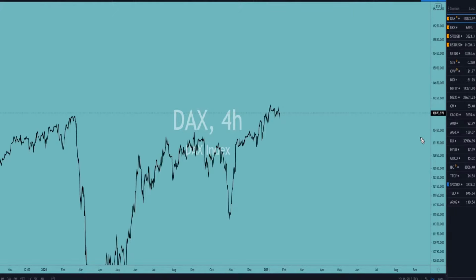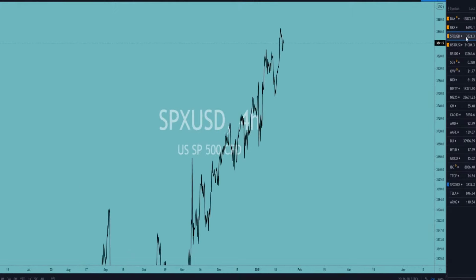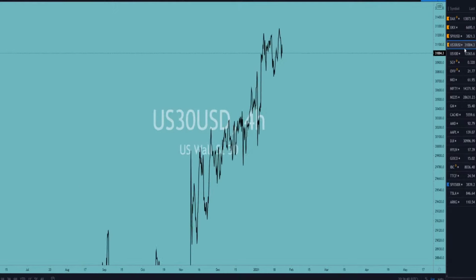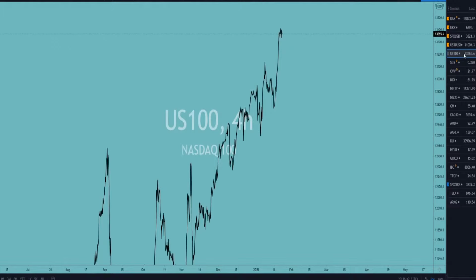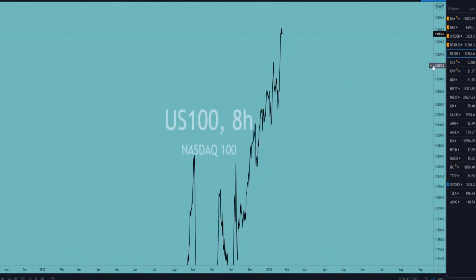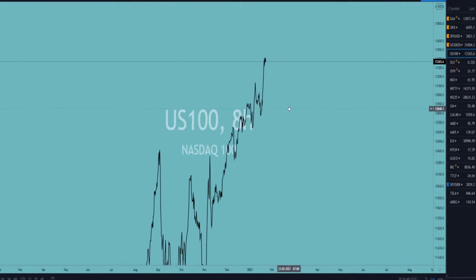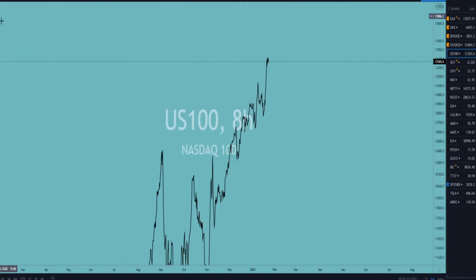Okay, NASDAQ. Didn't we cover that? No, we covered the SPX. So there you go. Same thing, but it's not in a potential. There's no end of a correction in this area, right?